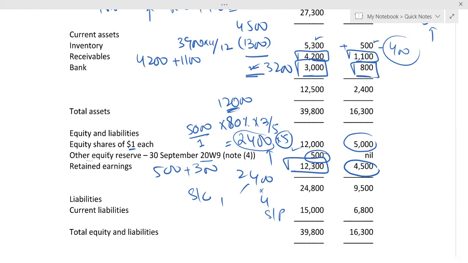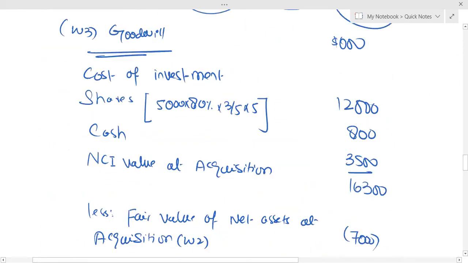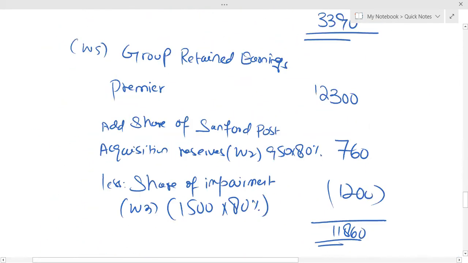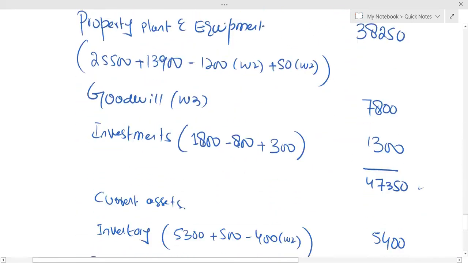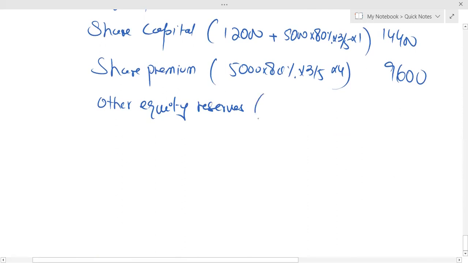So investment is debited by 300 and other equity reserve will be credited by 300. So already it is 500 plus 300. This is gain on fair value through OCI investment.